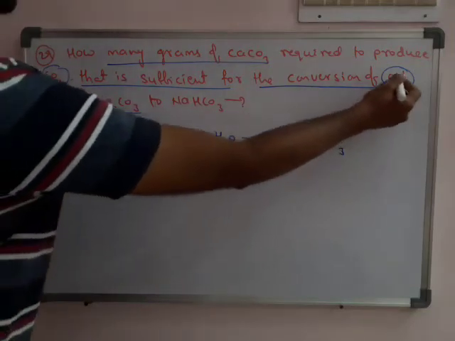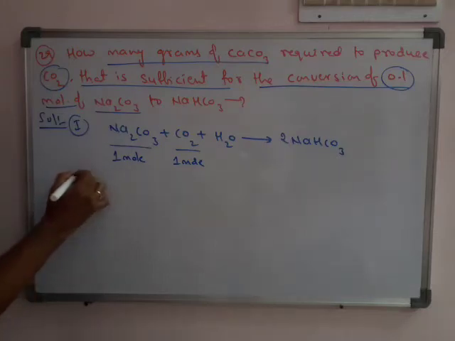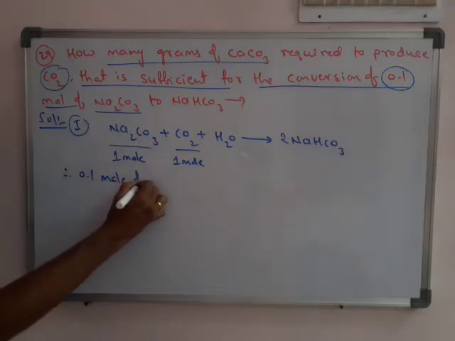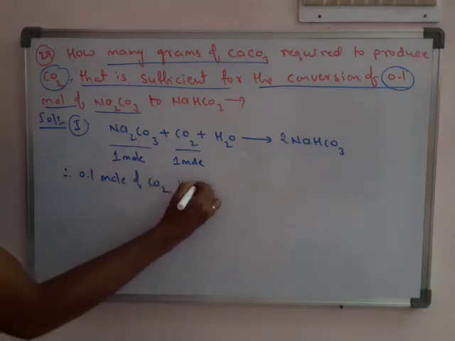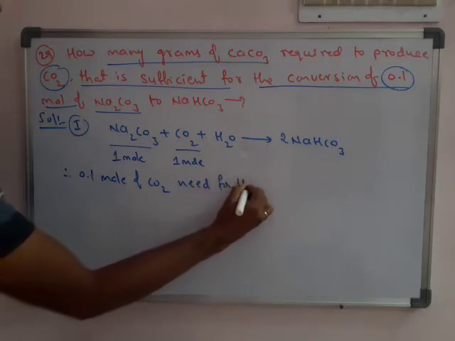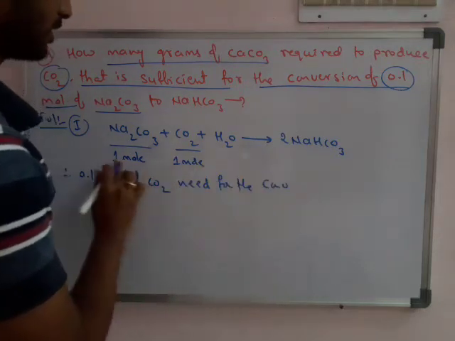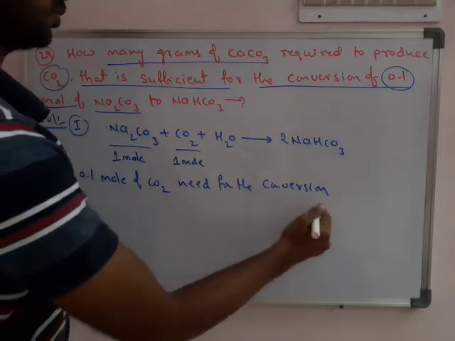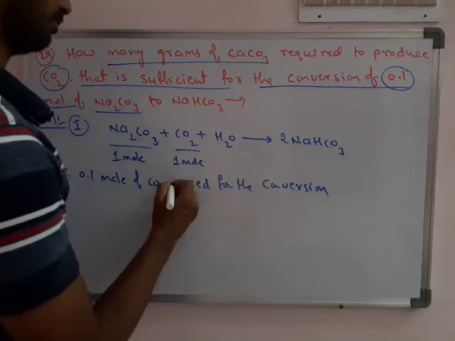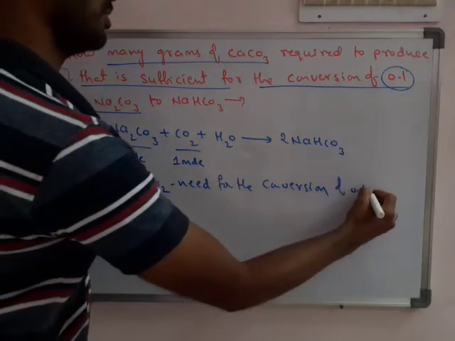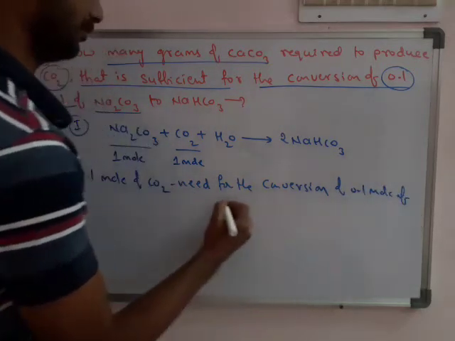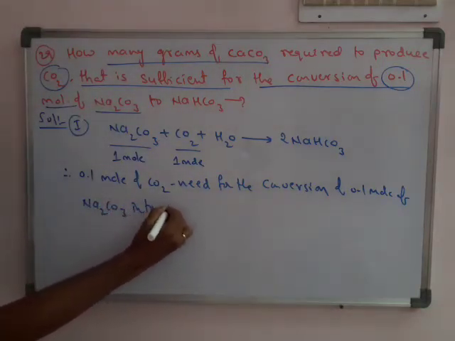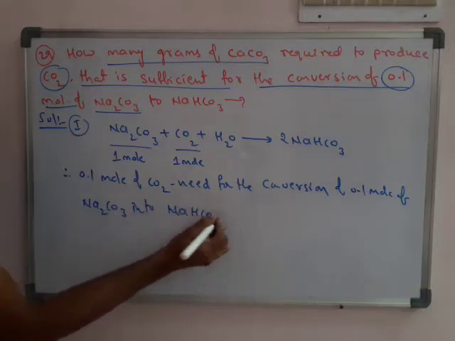It is given 0.1 mole of Na2CO3. So therefore we can write, because they are in 1:1 ratio, 0.1 mole of CO2 is needed for the conversion of 0.1 mole of sodium carbonate into sodium hydrogen carbonate.